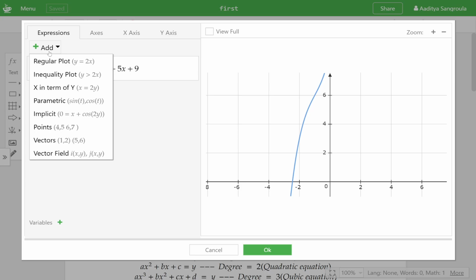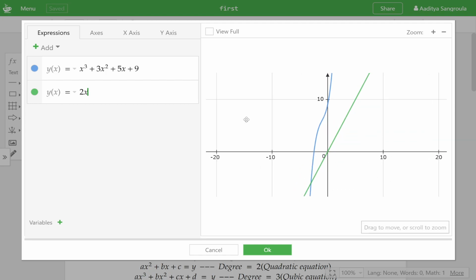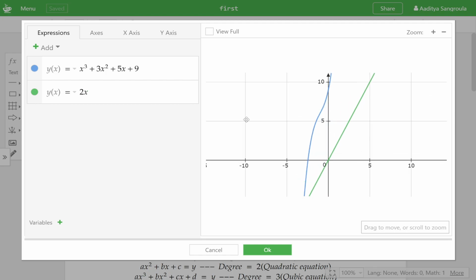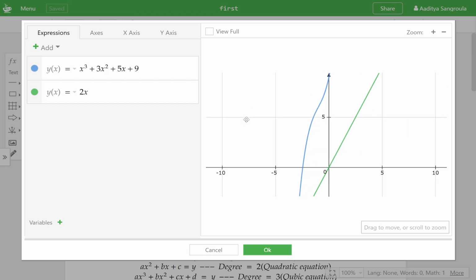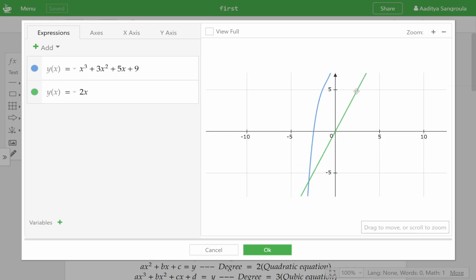How do I add a tangent? Oh, I can. Okay, I'm going to be plotting a regular line, and let's not even use a tangent. We will use a secant line, and I'll try to guess on my own what the tangent is going to be.